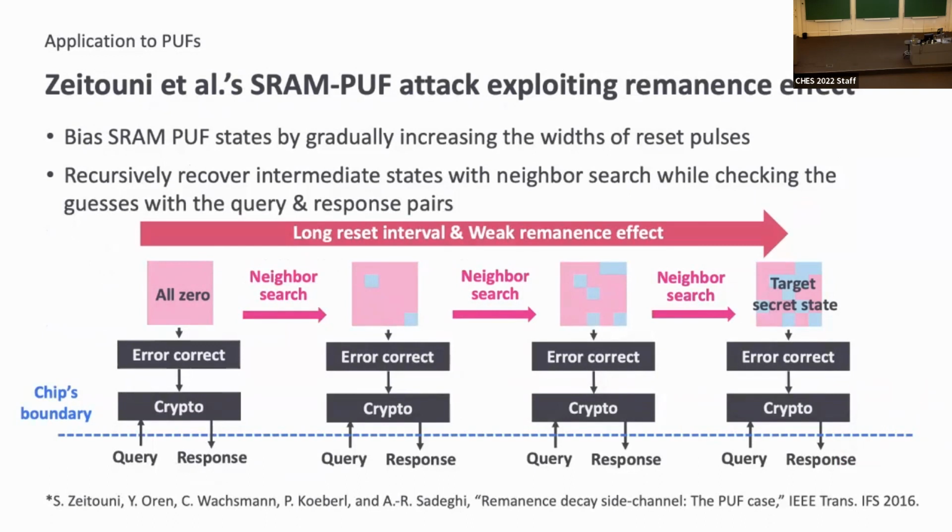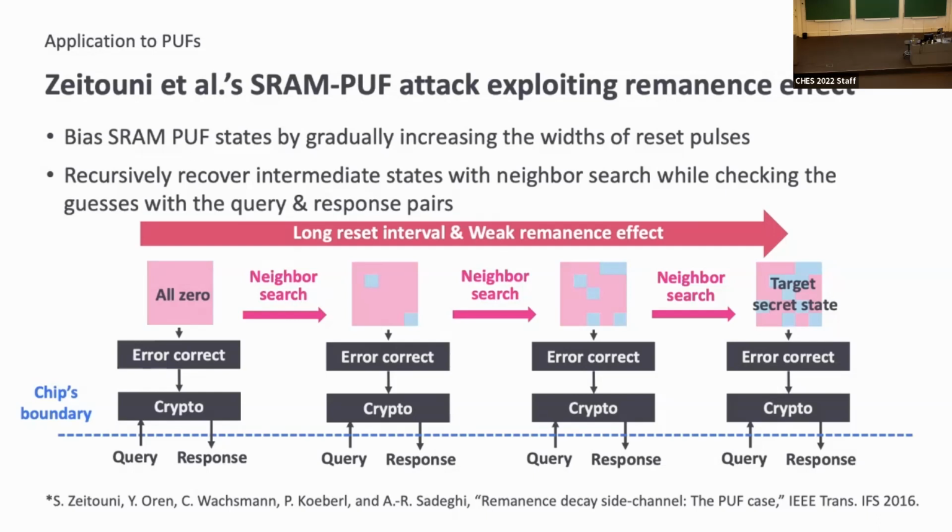SRAM PUF uses the power-on initial state as a PUF state. Suppose the SRAM region previously contains all zeros before reset. If the reset pulse is long enough, it works correctly and the SRAM comes back to the device-specific initial state.